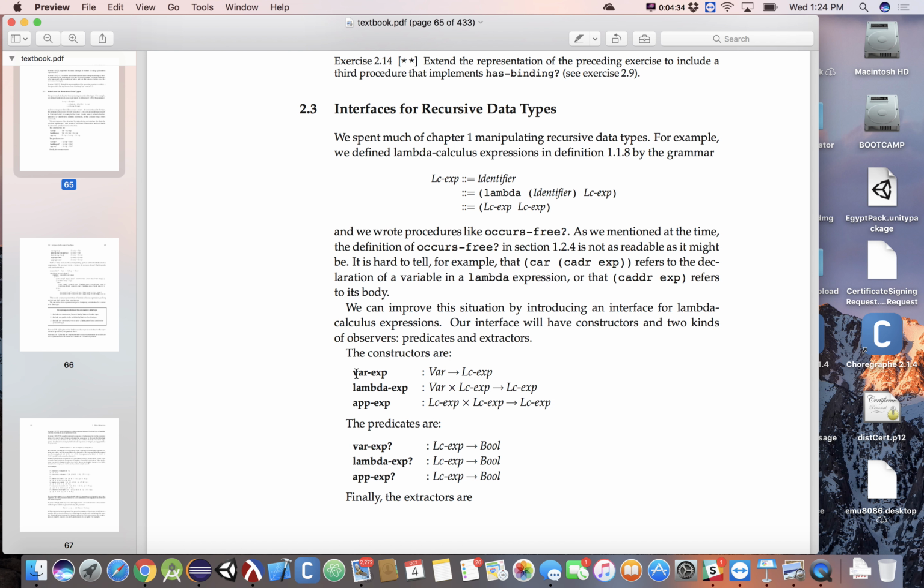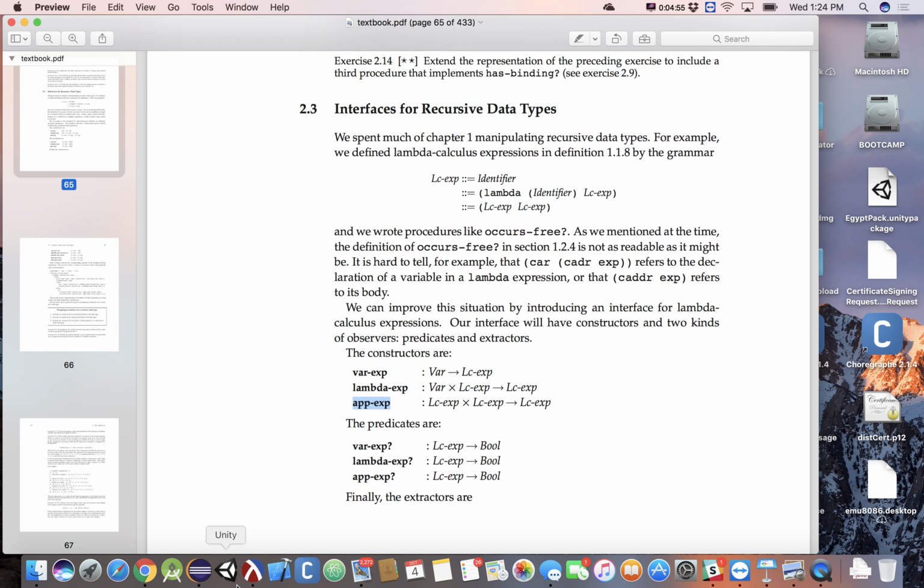The predicate would probably be the harder thing to write, but not by much. But I definitely asked for observers for the operator and operand of the app expression, right? Does anybody know what I officially asked for the first 3? Was it predicates or constructors? It was the predicates? Okay.